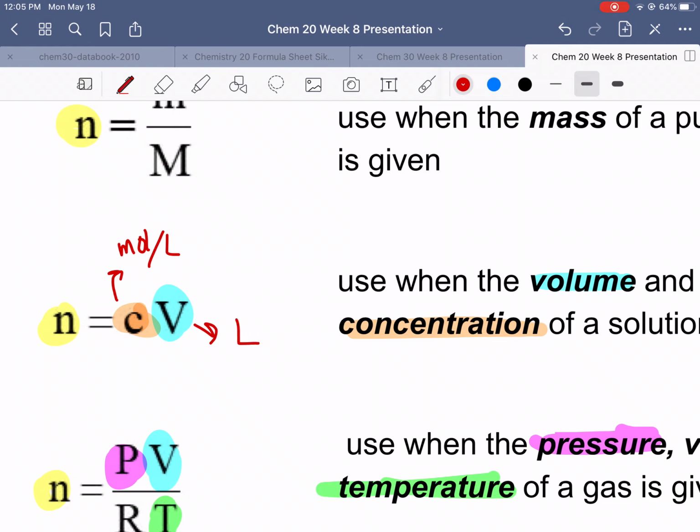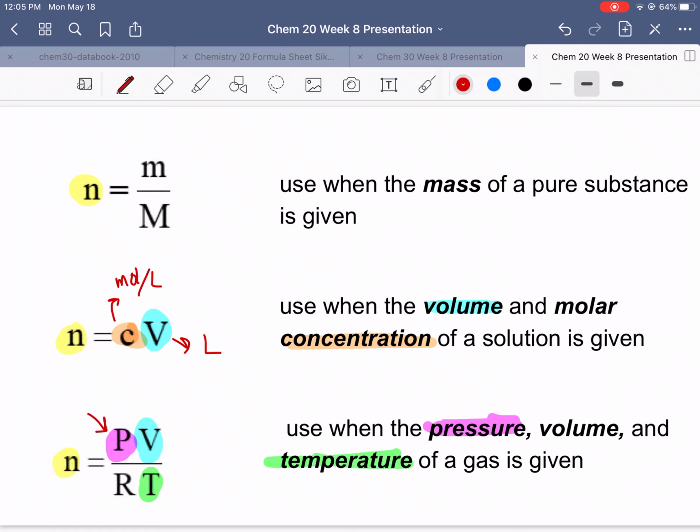Within the context of the ideal gas law, it's been a while, but pressure must be in the units of kilopascals. Volume must be in the units of liters. R is representative, if I've got room to write it here, can you read that? Universal gas constant, right? So that universal gas constant, if you think back, is 8.314, and the units are gigantic.